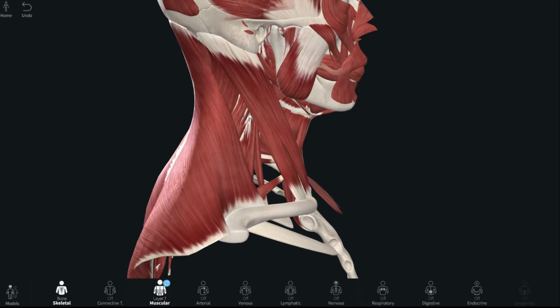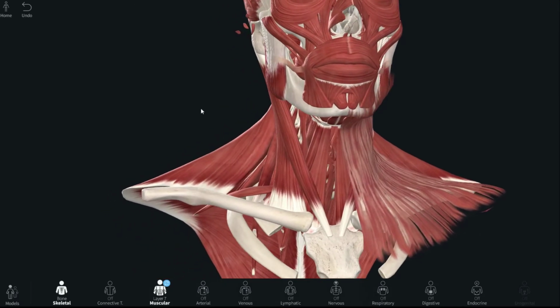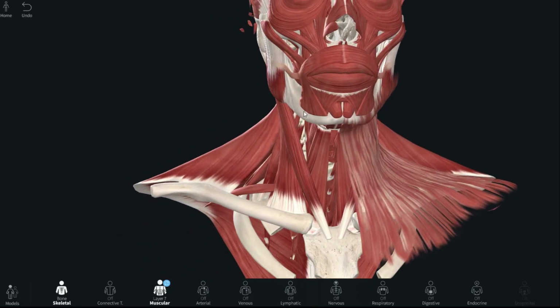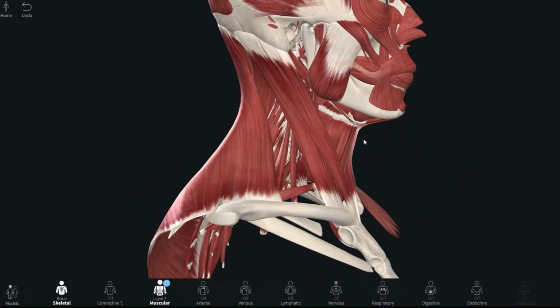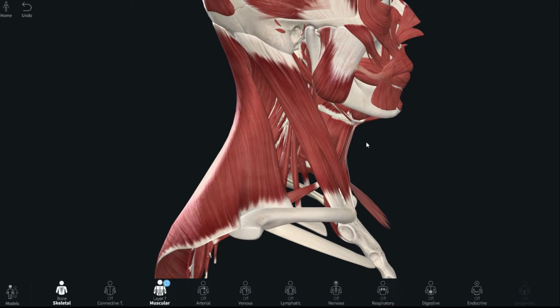As far as the anterior border of the side of the neck is concerned, if you remember, I had said that the neck is divided into two triangles. The first is the anterior triangle, and the second is the posterior triangle. We'll talk about those in a while.